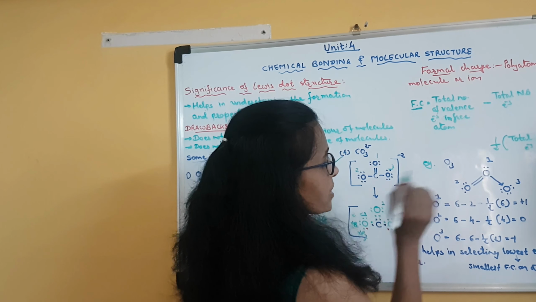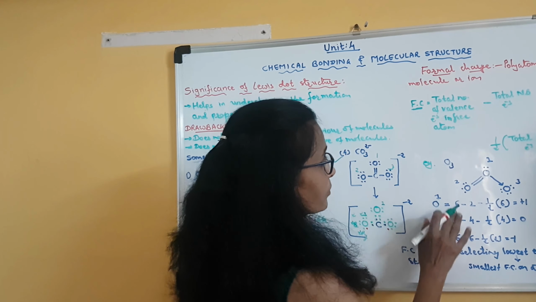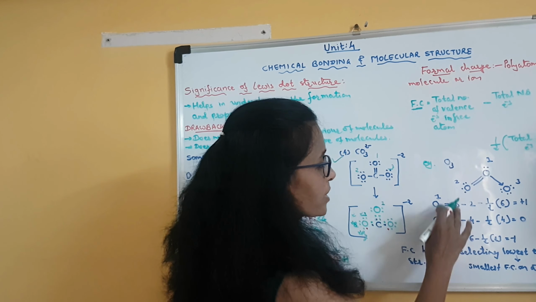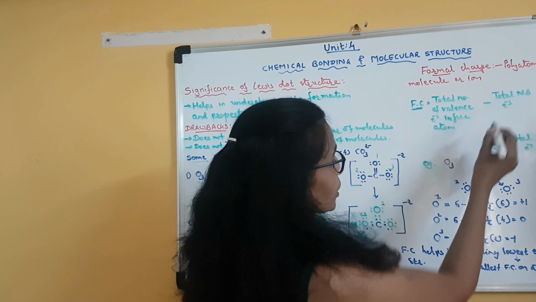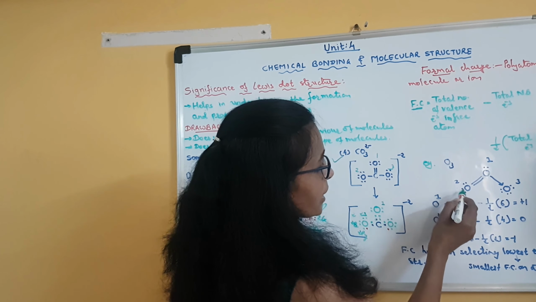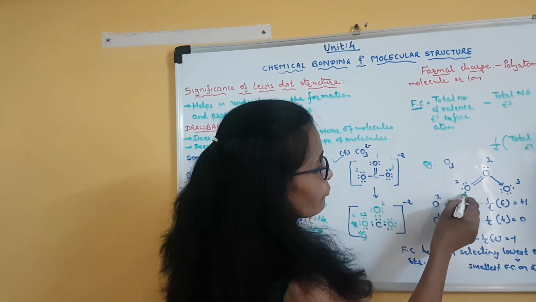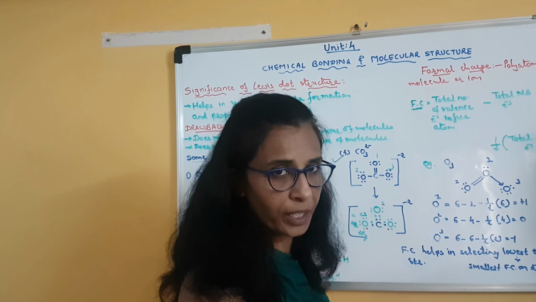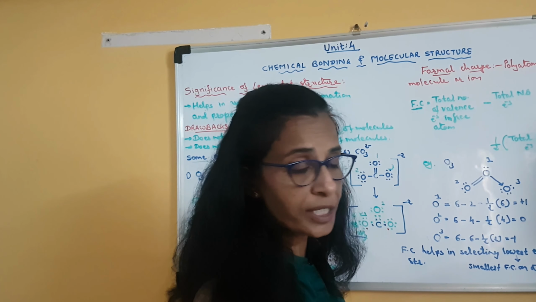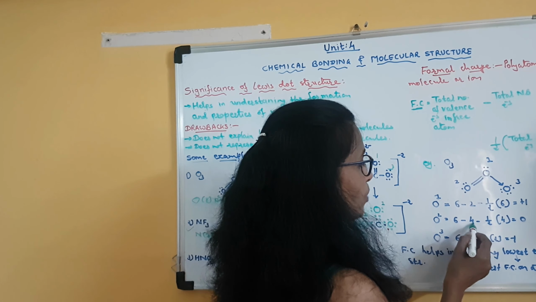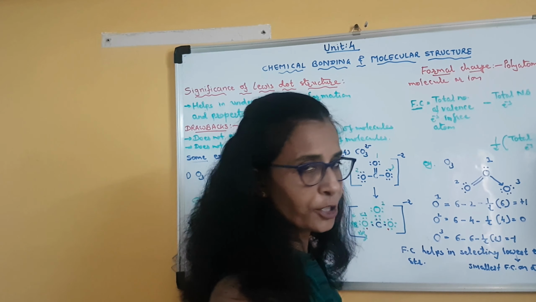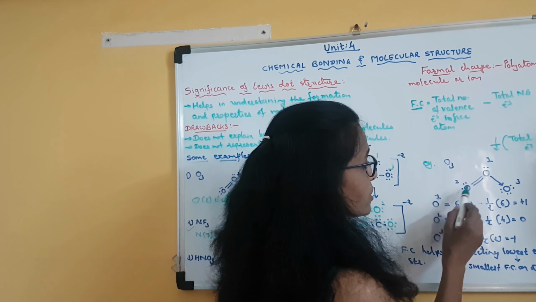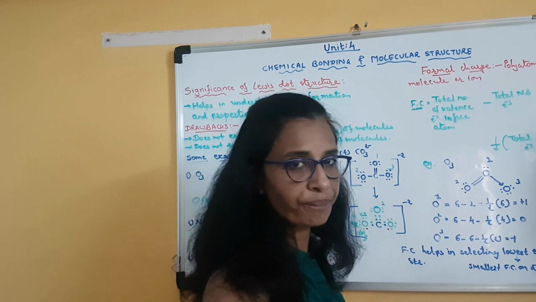Second oxygen means this. Number of valence electrons will remain the same in all the 3 oxygen atoms. It is 6. Now total non-bonding electrons. Second oxygen is having total 4 electrons which are non-bonding, which have not participated in bond formation. So it is 6 minus 4 minus half of total bonding electrons. Now the second oxygen has formed 2 bonds.